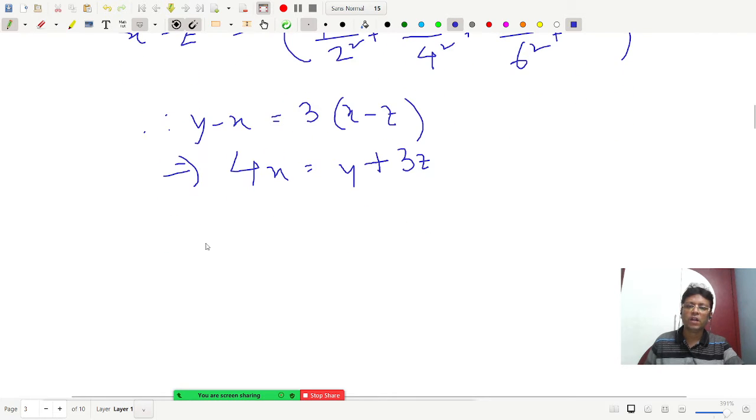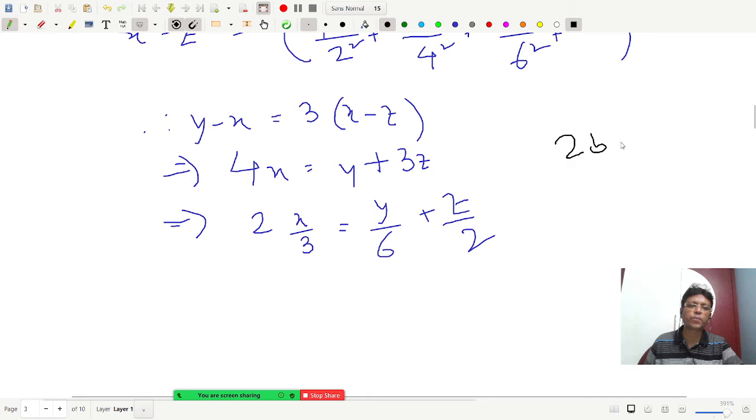Okay. Now I will divide throughout by 6. So it will be 2x over 3 equals y over 6 plus z over 2. So look at that, it looks like AP, because for AP, twice b equals a plus c, that is the condition for a, b, c to be in AP.